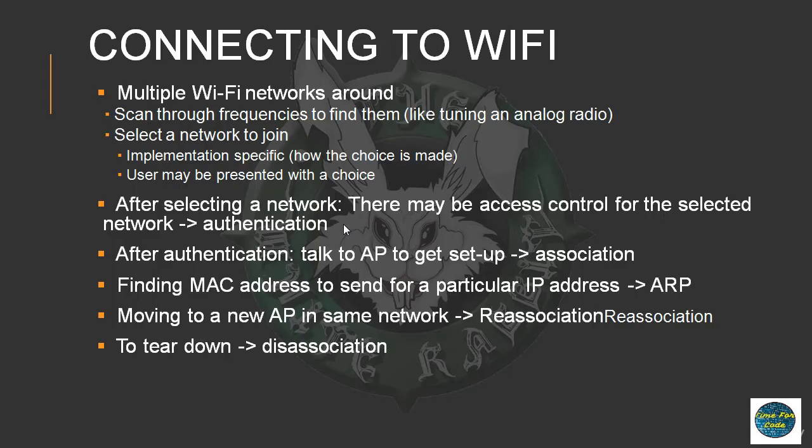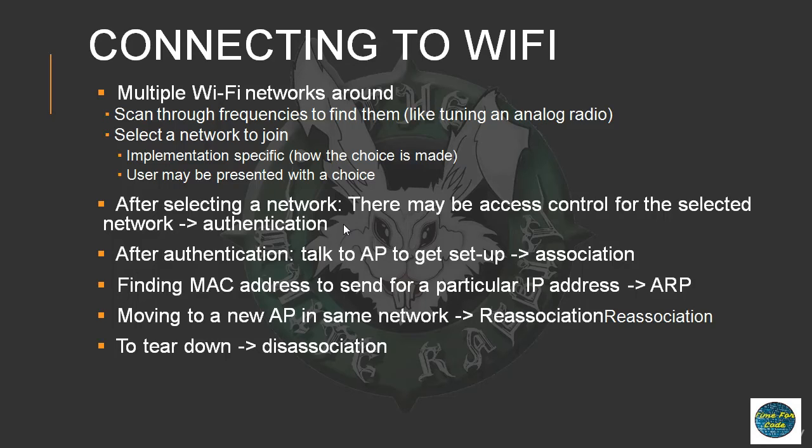So after authentication, there's another concept about actually getting set up to talk to the access point. You need to associate with the BSS or the ESS, because the access point recognizes that you are authenticated as a particular user, but you still need to associate to the access point, to this BSS or ESS.